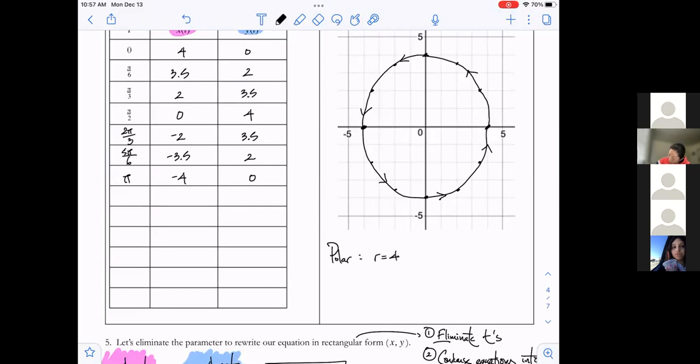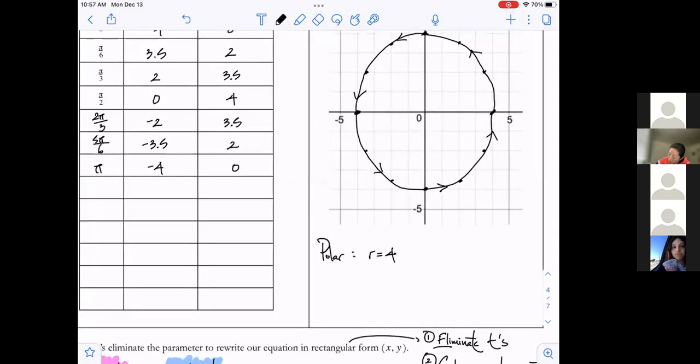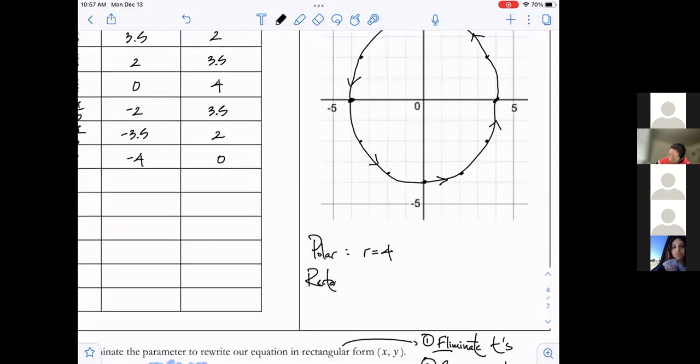Great, r equals 4. What if I asked us to write this in rectangular? Great, x squared plus y squared equals 16.